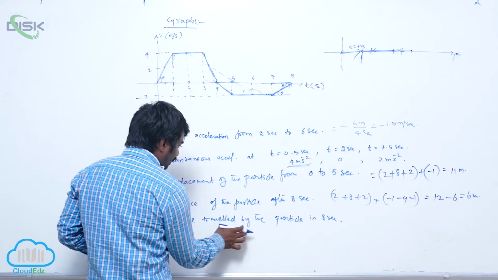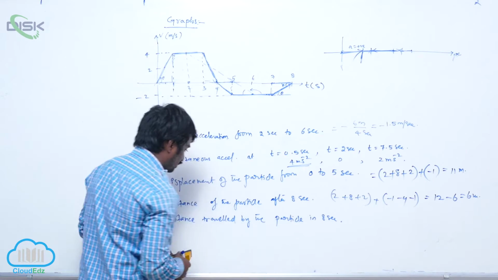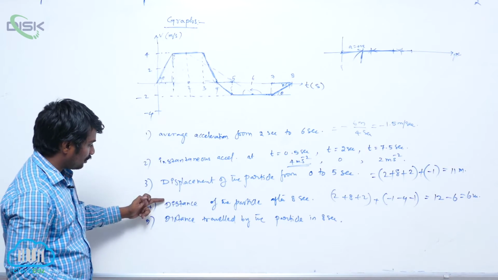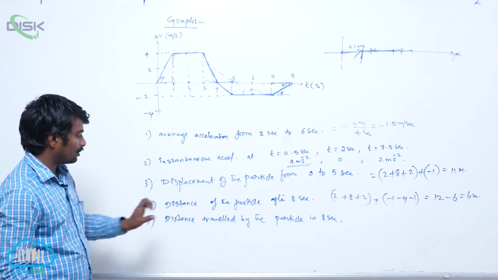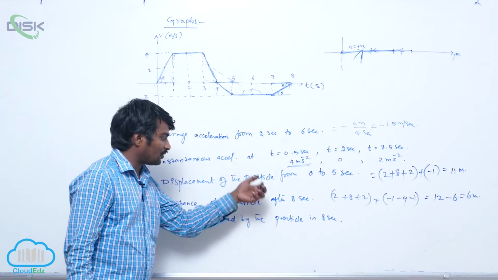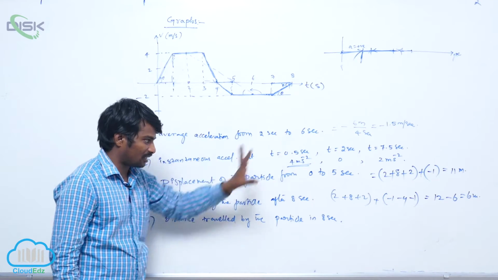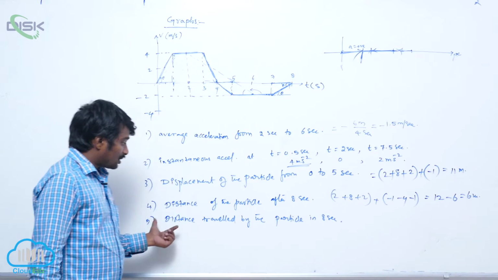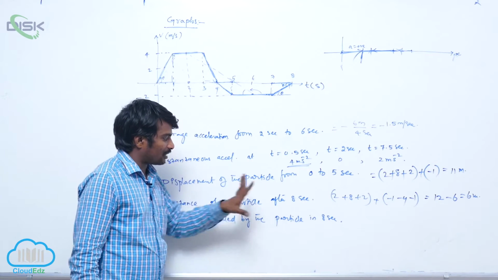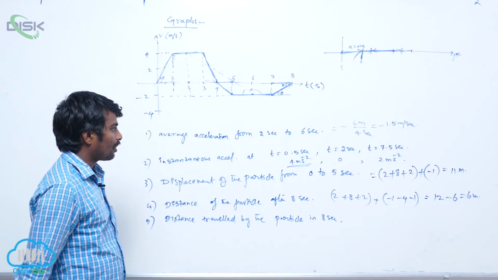Now, distance traveled by the particle in 8 seconds. See, you have to understand the main difference between these two sentences. Distance of the particle after 8 seconds means where it is after 8 seconds, which is displacement. Distance traveled by the particle in 8 seconds means the complete distance.